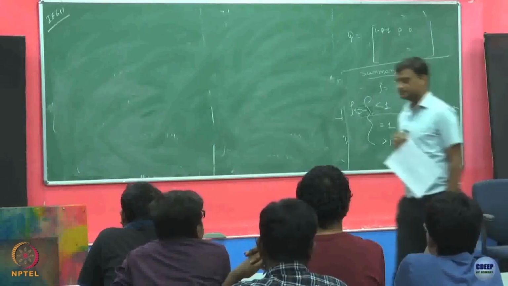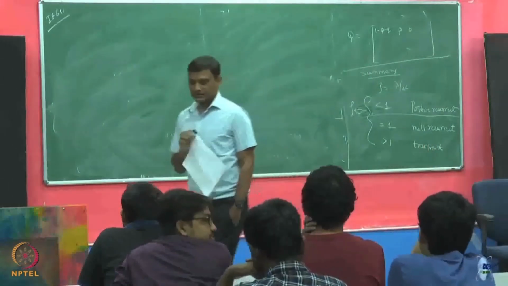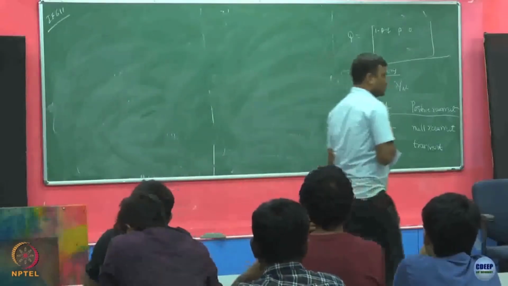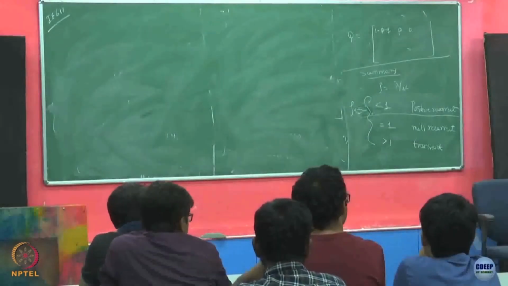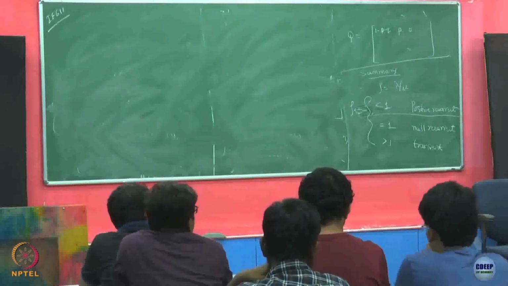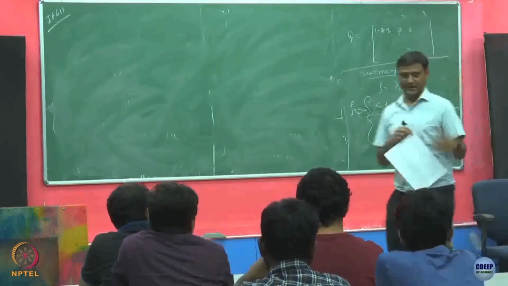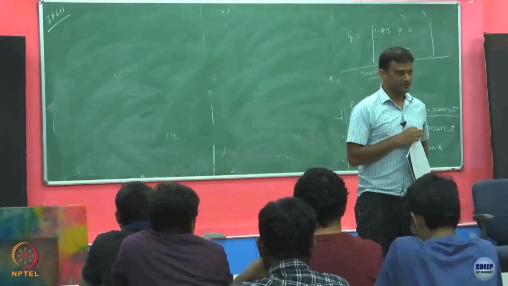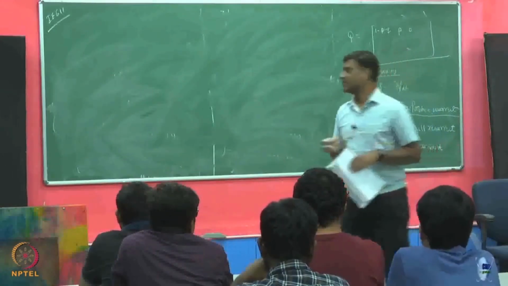When these people were thinking about how to do such ranking, they possibly realized that this is nothing but a solution to pi equals pi P. Why is that?